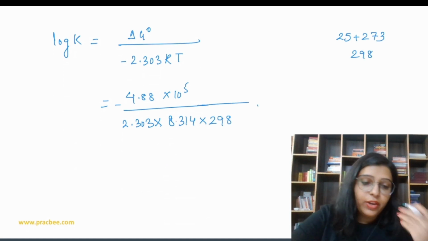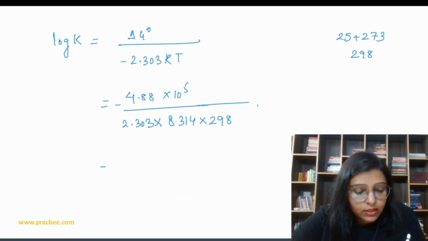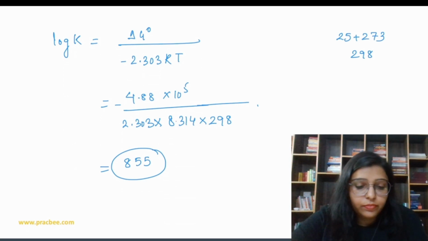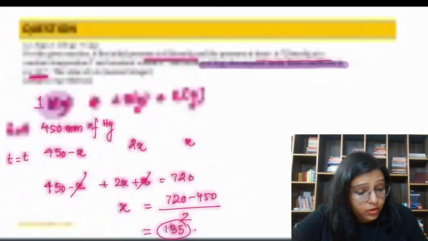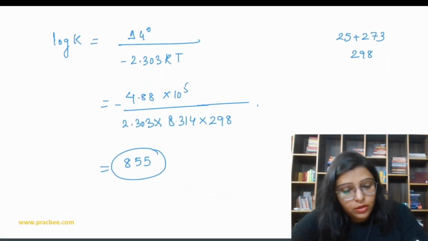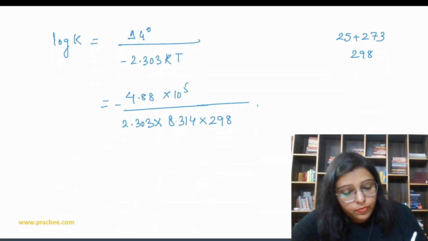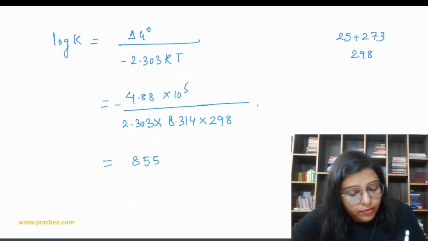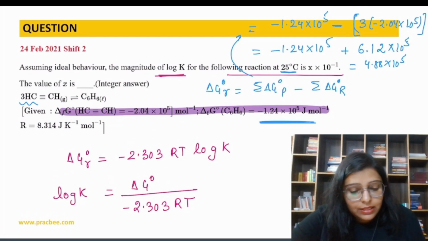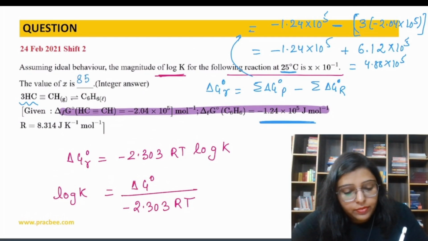Okay. So when you solve this, you get answer equal to 855 into 10 to the power minus 1. That's the answer. So value of x is 855.